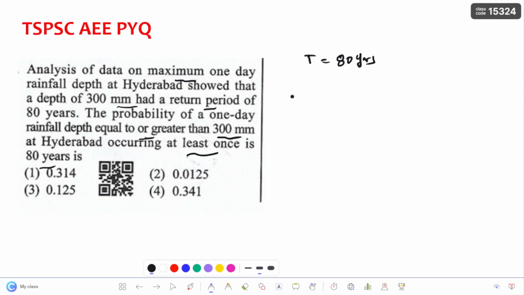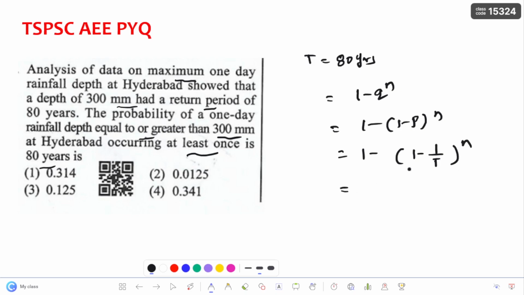You all know that occurrence of rainfall at least once is given by the expression 1 minus q power n. The non-occurrence of rainfall is given by q power n. At least once means 1 minus q power n, that is 1 minus p whole power n, which is 1 minus 1 by T whole power n.